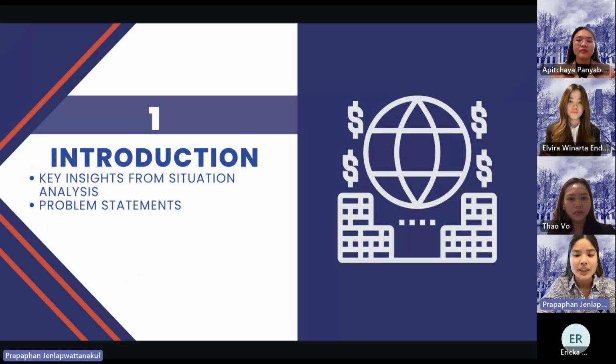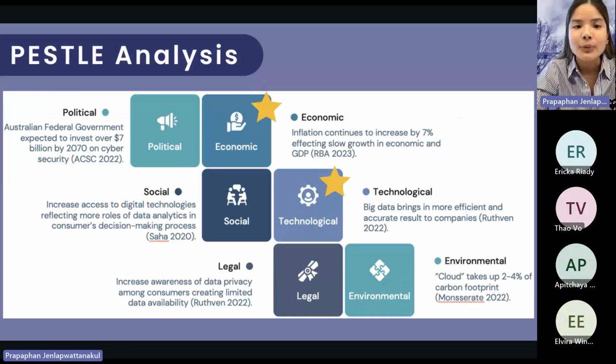Starting off with situation analysis, we use PESTEL analysis to gain insights into the external environment that could be relevant to FastTracker. And from the research, the most relevant factors are economic and technology. In the economic factor, the effect of inflation has brought a negative impact to the industry, where companies are beginning to cut down their costs in terms of marketing and advertising budgets in order to preserve their revenue.